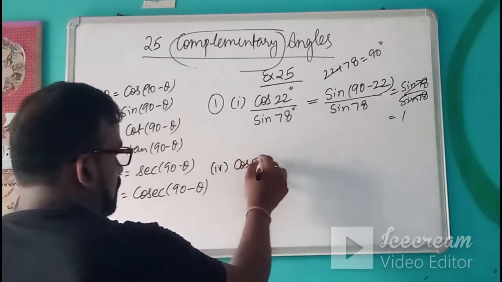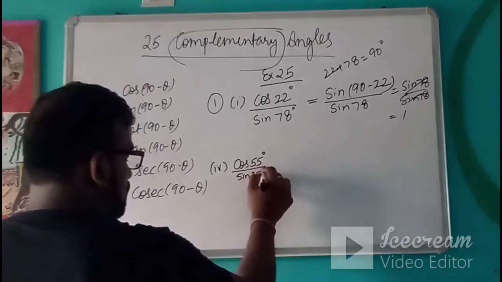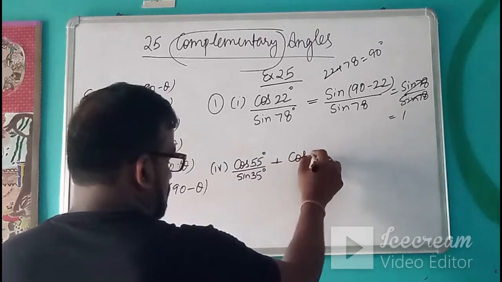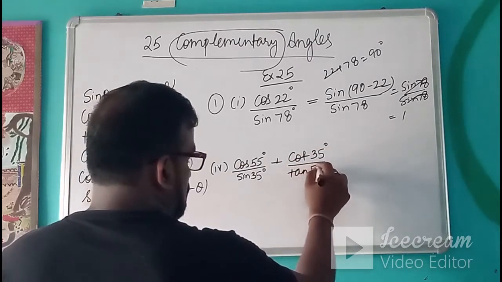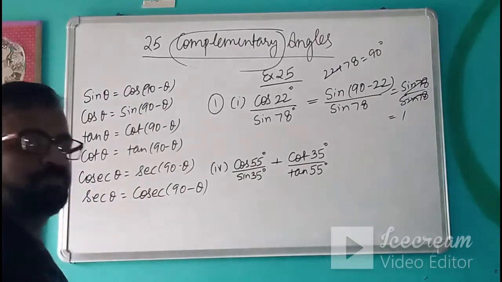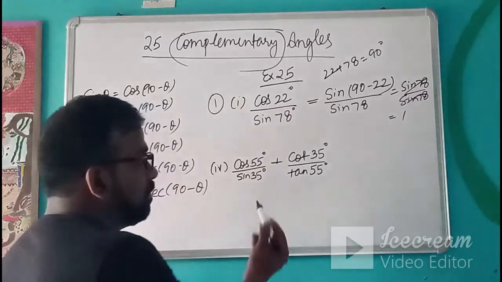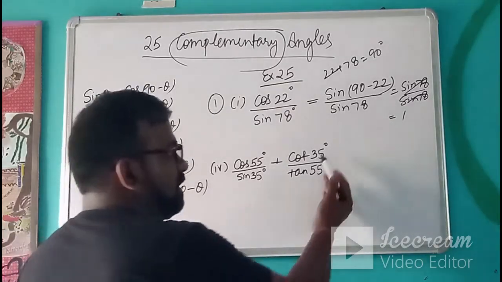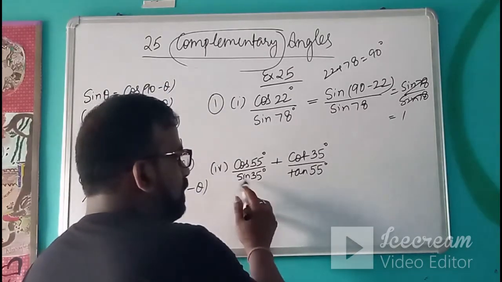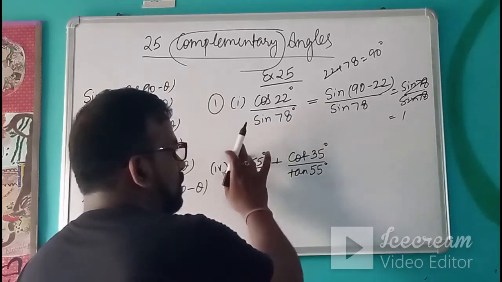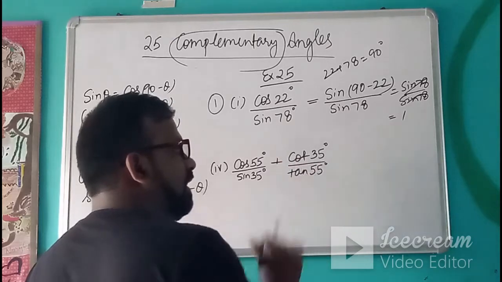Let's see one more question. Now in this, see, 55 plus 35, they are forming the complementary angle pair, and again 35 plus 55, they are forming a complementary pair. So either you will replace sin or you will replace cos. Similarly in this, either you will replace tan by cot or cot by tan.